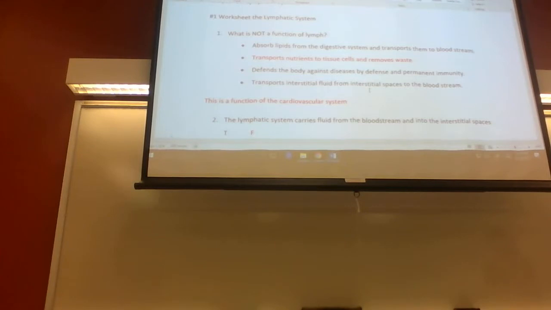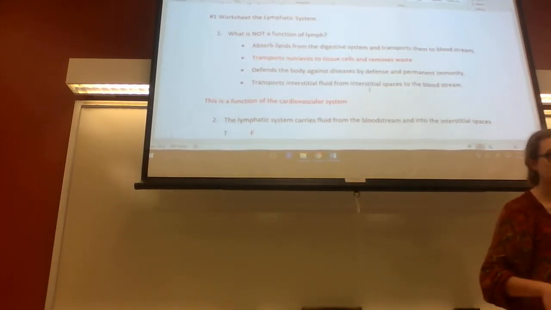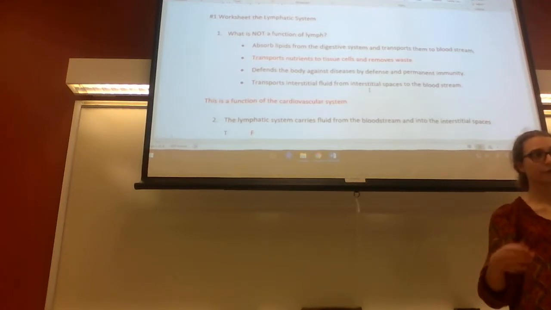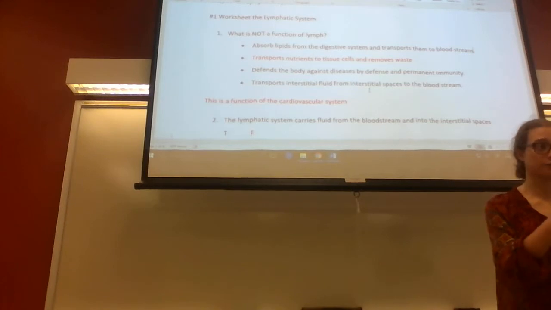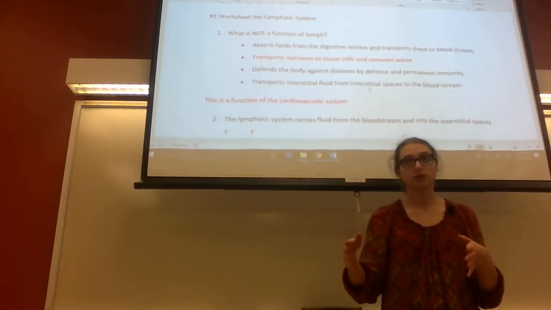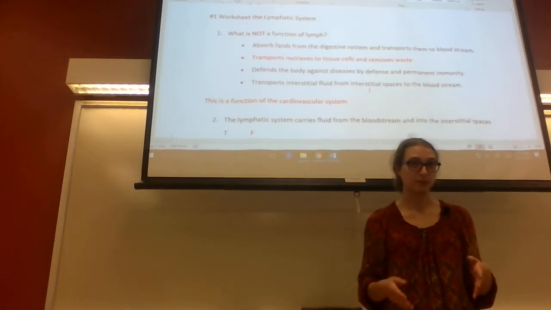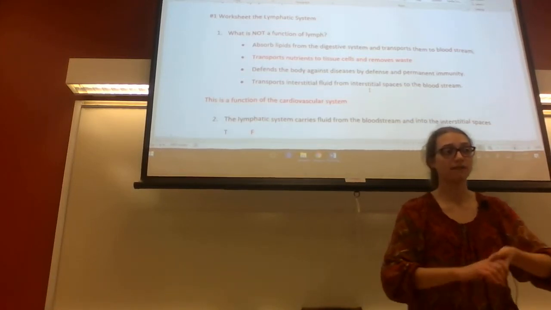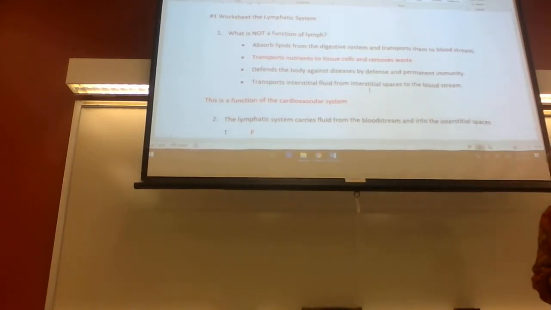Lymph also defends the body against diseases by defenses and permanent immunity. You have your innate defenses, like your skin and your mucosa, and we're going to go through innate or nonspecific immunity because there are 2 sections. There's innate, nonspecific, and then there's specific immunity, which is like the adaptive immunity. You kind of adapt. There's stuff that you're born with, everyone has, and that's your main defenses, like your skin.